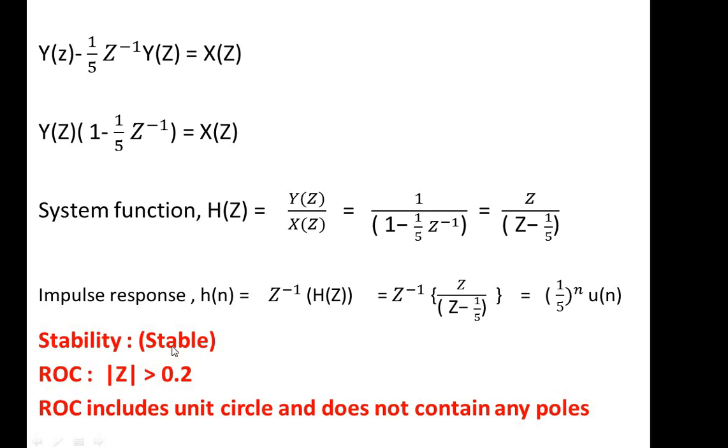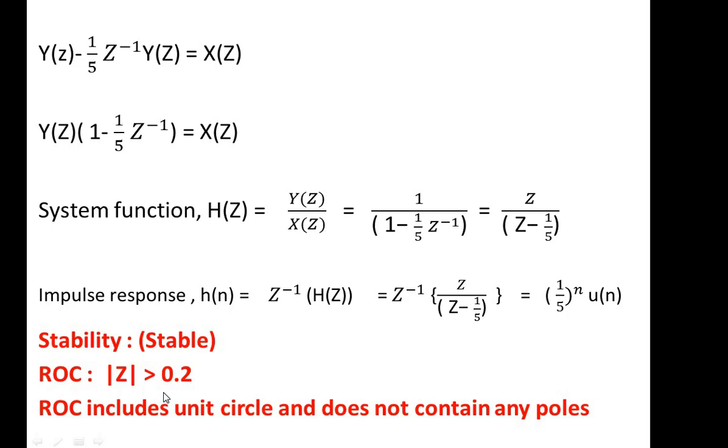And for stability, the conditions to be checked are that the ROC should include the unit circle, that is condition number 1, and then it should not contain any poles, that is condition number 2. So we all know the Z plane is going to contain the unit circle with radius 1. The ROC is greater than 0.2, so it is crossing the unit circle value 1.